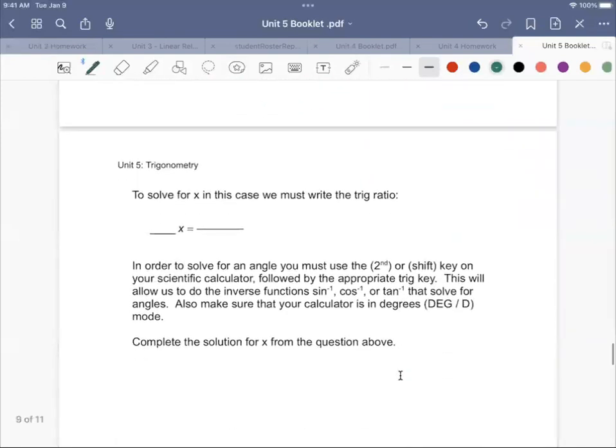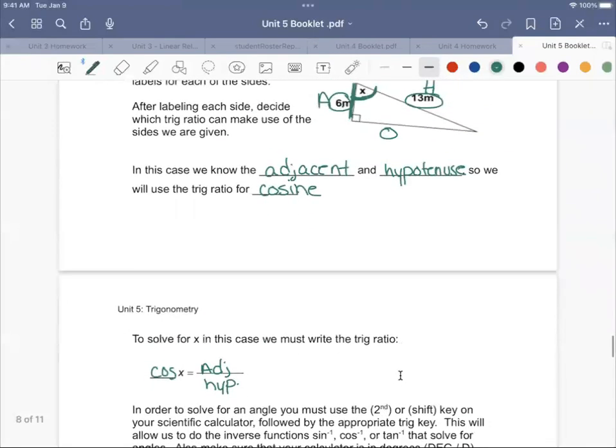To do this, we are going to do cos of this angle is the adjacent over the hypotenuse. We know from the diagram that the adjacent is 6 meters and the hypotenuse is 13 meters.